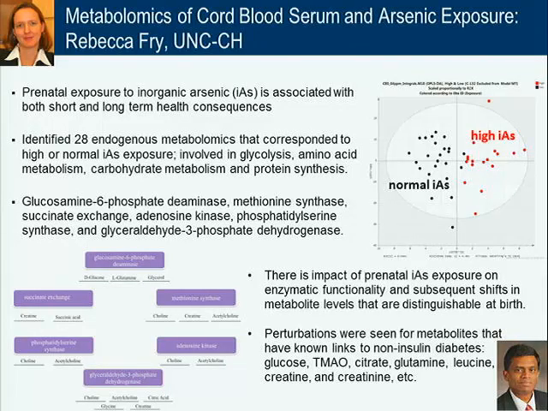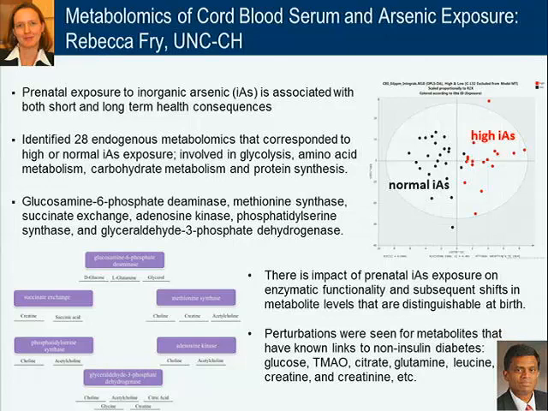She gave us cord blood samples from women who either had a high arsenic exposure or a normal arsenic exposure. We wanted to see if we could tell the difference in the metabotype of the blood available to the fetus based on that arsenic exposure, and we could identify 28 endogenous metabolites that differentiated this high versus normal arsenic exposure.